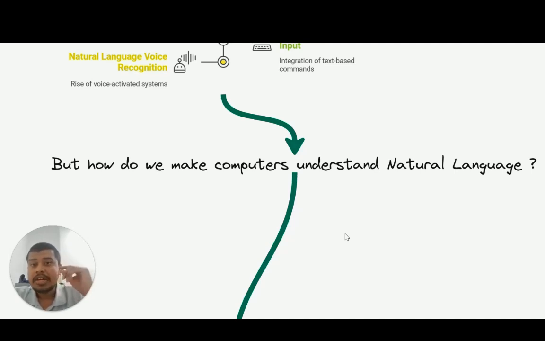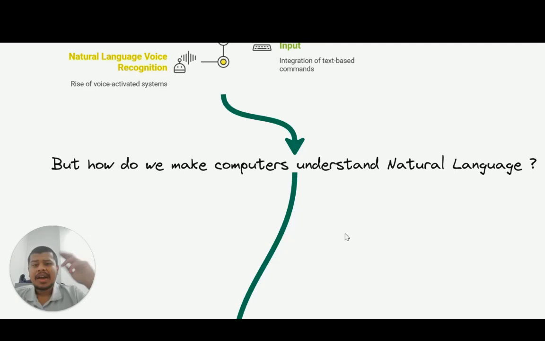For that, we need to first understand what even a language itself is, right? First, we need to understand what language is, and only then will we be able to numerize the language and then process it. Because only numericals will be processed by computers. That is why they are called computers: because they are good calculators, right?